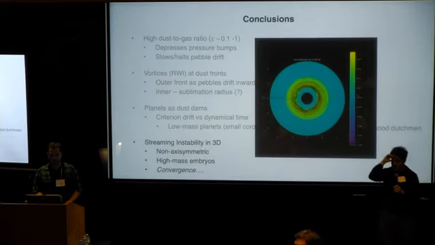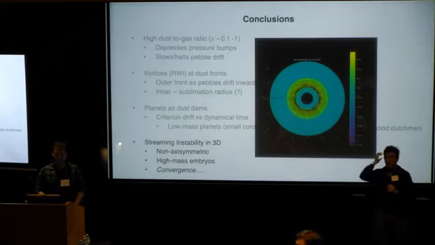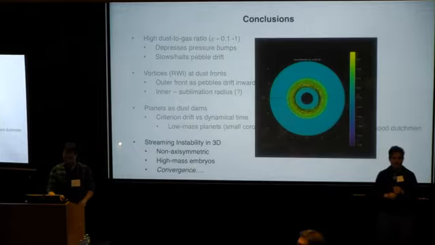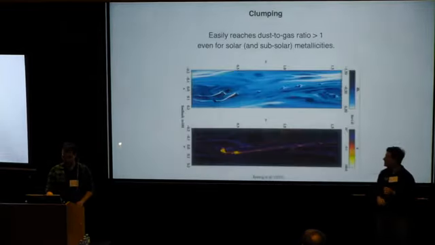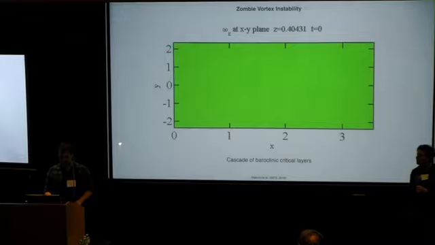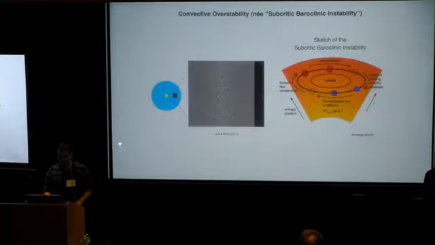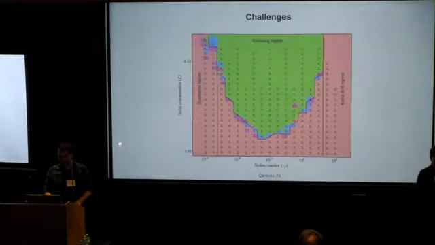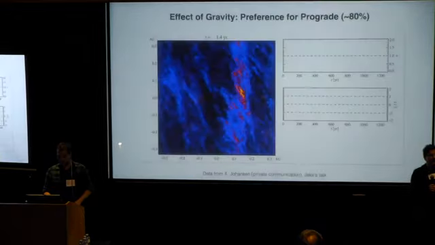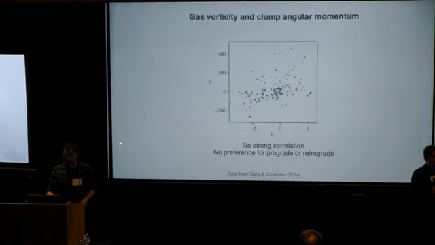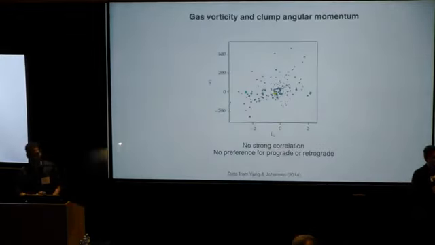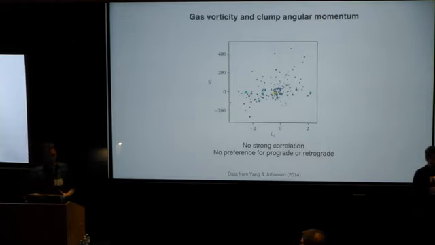Very nice talk. Do you have an explanation for why gravity makes a prograde preference? Maybe you did and I missed it. I have a hunch. Yeah, still need to analyze that and see if that makes sense. But what I think is happening here is that if you don't have gravity, the clumps are concentrated there just by the drag force, right?